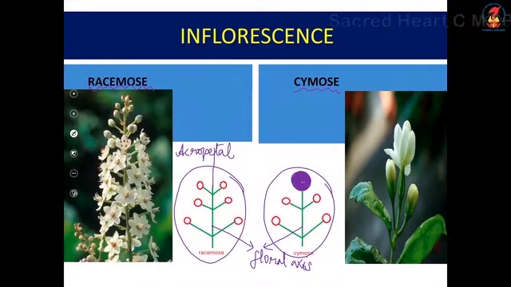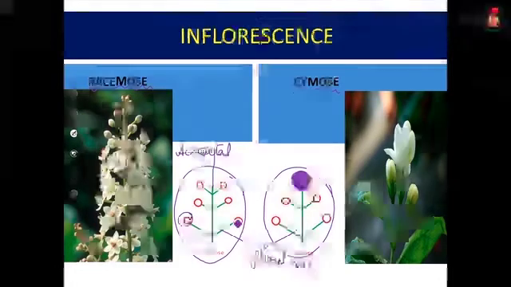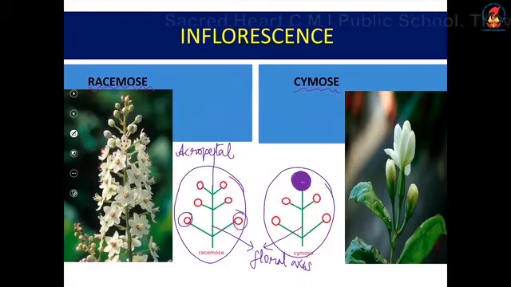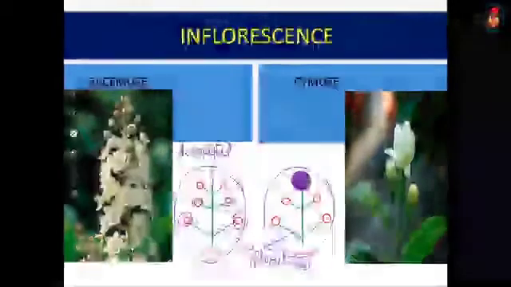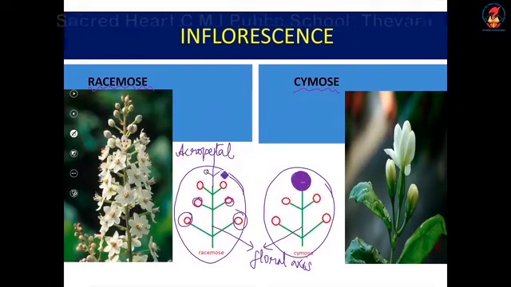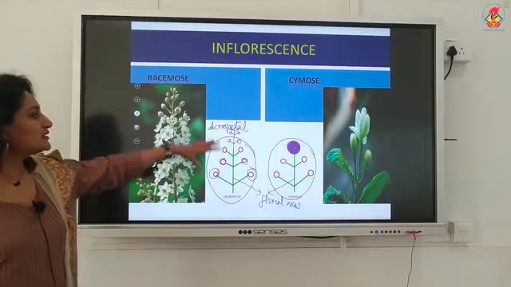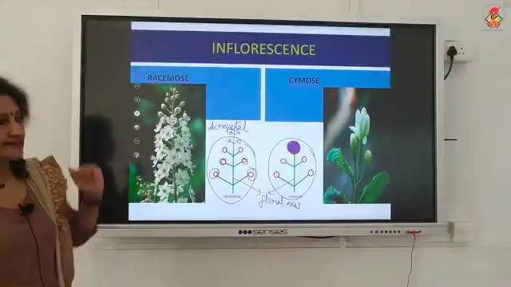Meaning of acropetal is the older flowers are seen towards the base, see, and so the circles are big, and as you go up, the younger flowers are born. So if I proceed, I will make the circle smaller and smaller and smaller. This indicates racemose inflorescence, that is, older flowers are found towards the base and younger flowers are found towards the apex.